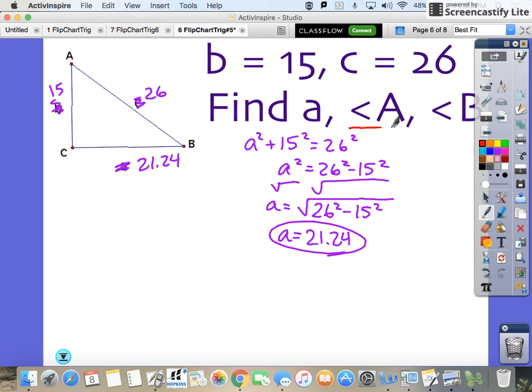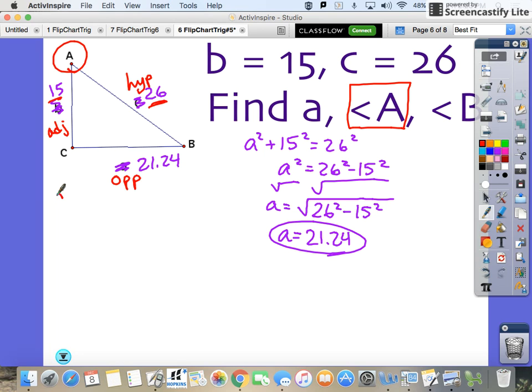So we have angle A listed first. So let's find angle A. I'm going to go here and I'm going to label this one. Because I'm only going to do this once, I will write out the labels. So based on A, this is our opposite, hypotenuse, and adjacent. The two sides we were given are 15 and 26, which is our adjacent and our hypotenuse.